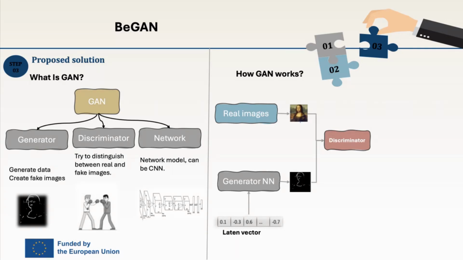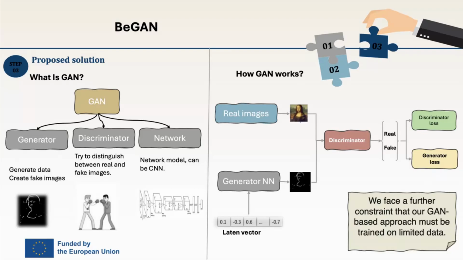The discriminator always tries to distinguish between the real images from the real dataset and the fake images, and according to its performance it says whether they are real or fake. Then we have the generator loss and also the discriminator loss. Both of these losses are fed back to the model in order to improve the capability of the generator and the discriminator.